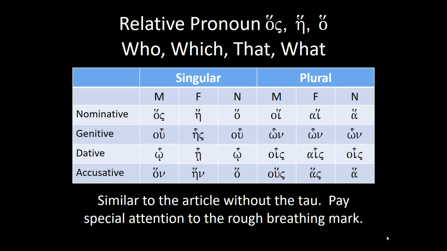So this is the relative pronoun hos, hē, ho. It's got a masculine form, a feminine form, a neuter form.